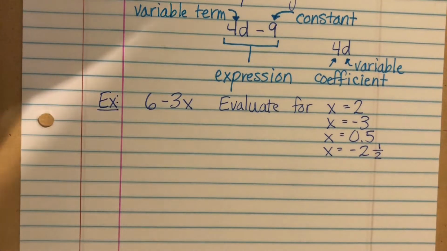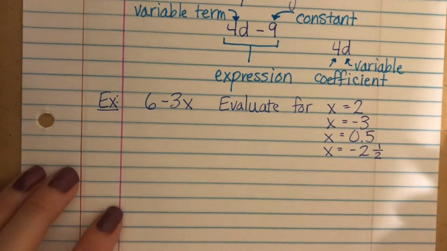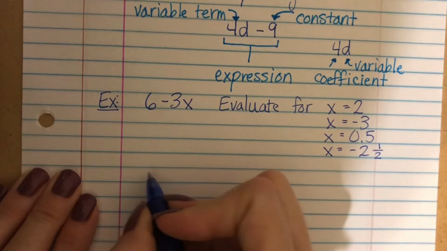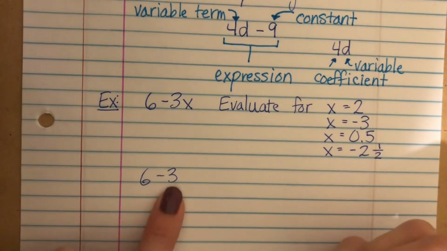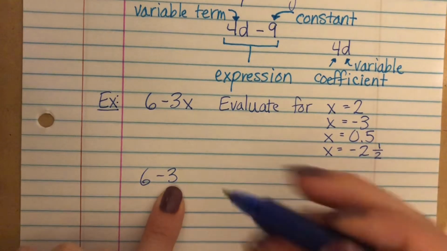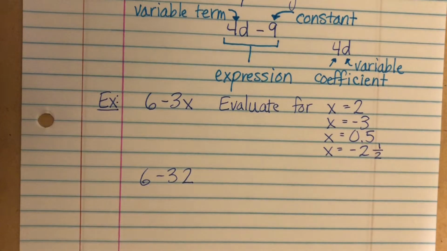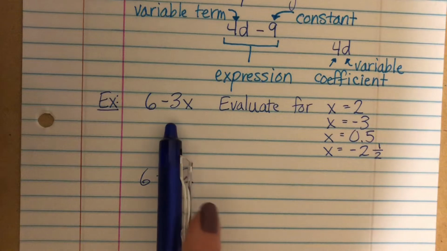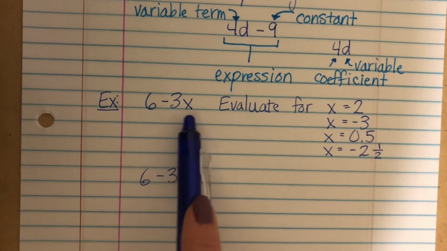Let's start with that first one where x is equal to 2. So we're going to write the equation. Now when we substitute in or evaluate an expression, we don't just put the 2 here. If we put the 2 there, it looks like 60 minus 32. But when you look back at the expression, this is 3 times x.